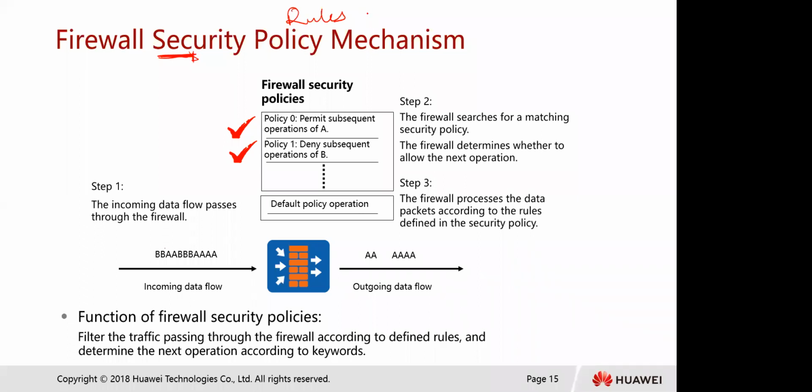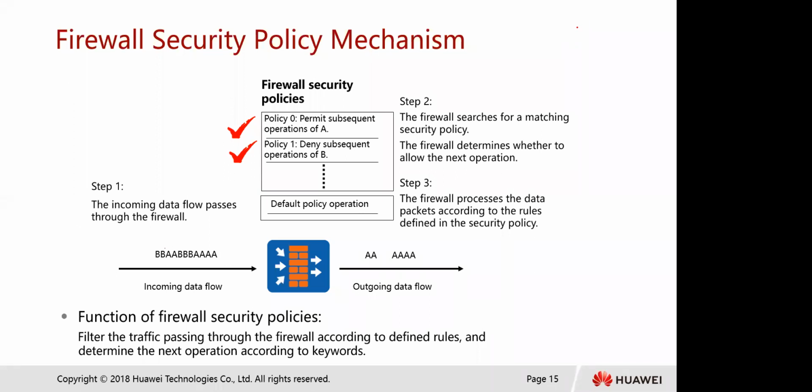Rules for our data flow, or for our traffic on our network. So security policies help us to define those rules and how they are applied when we process data flows on our firewall. The firewall processes data flows according to those rules.